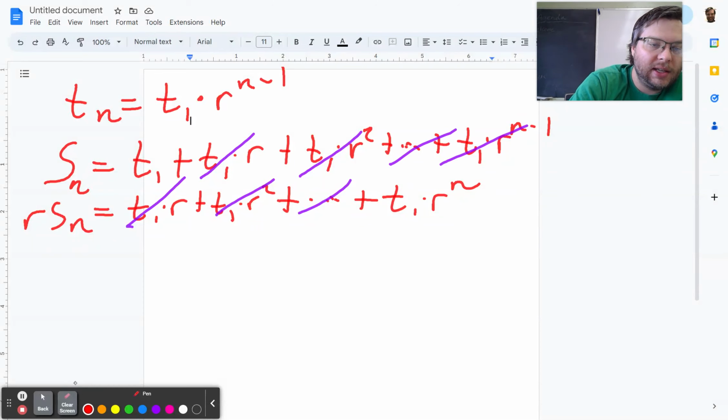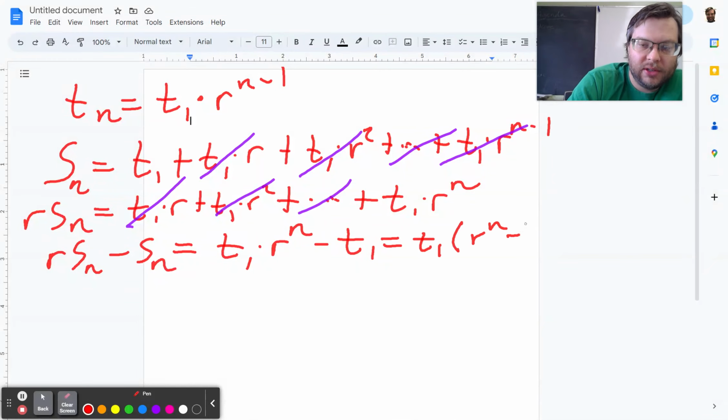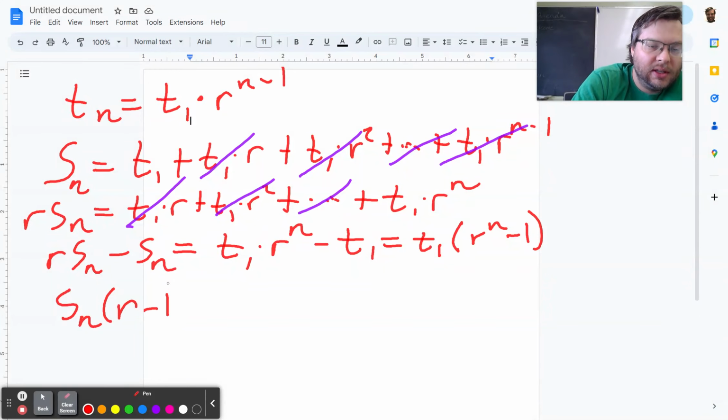And so if you subtract them from each other, the bottom one minus the top one, you have t1 times r to the n minus t1. Or like I showed you in the other version, they have the 3 in common. They have that first term in common. If I think about what the left side has in common, the left side has an Sn in common. And so if I want to get the sum I actually care about, I divide by r minus 1.